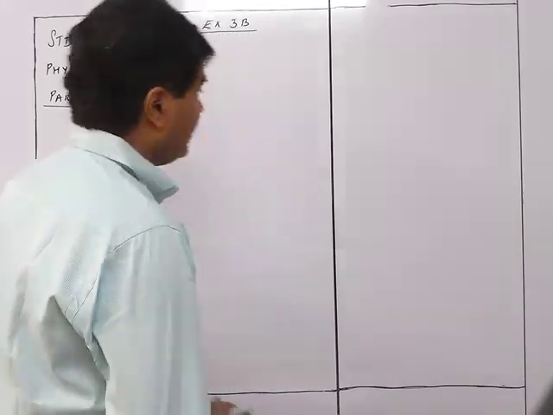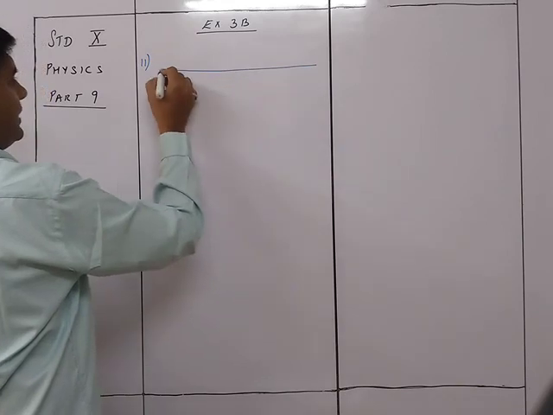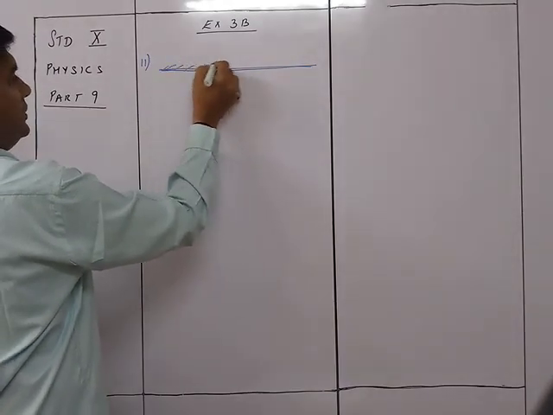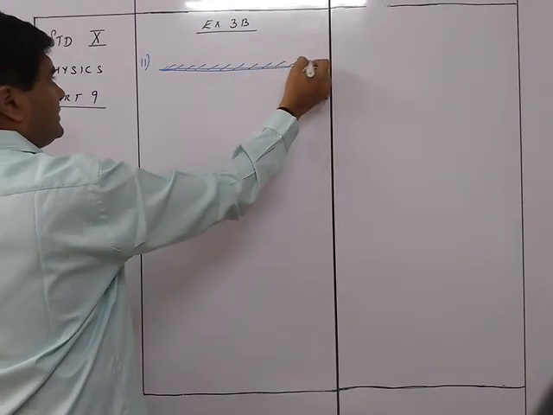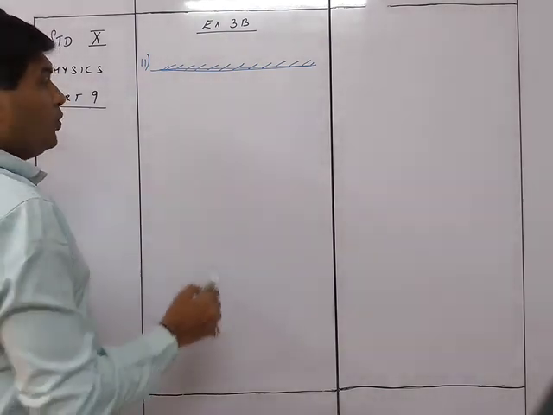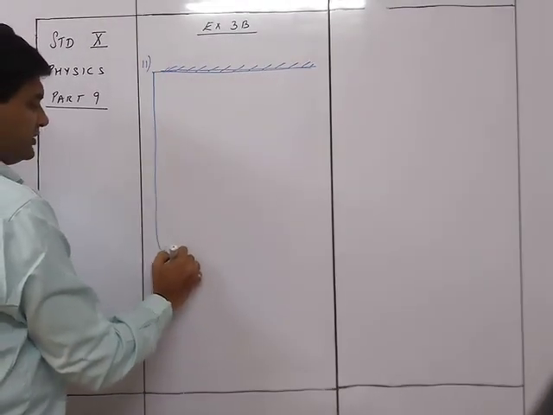We see over here, the first thing is a fixed, rigid support. To this rigid support, first there is going to be a movable pulley with a string. This is the first string.